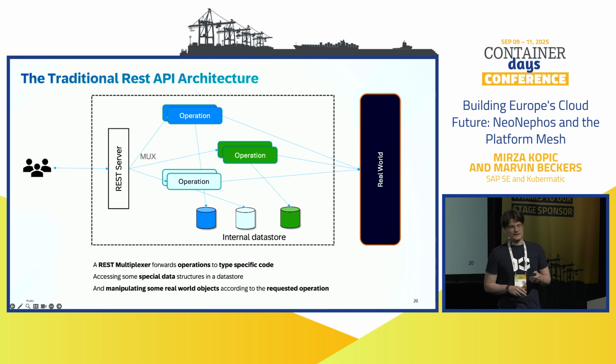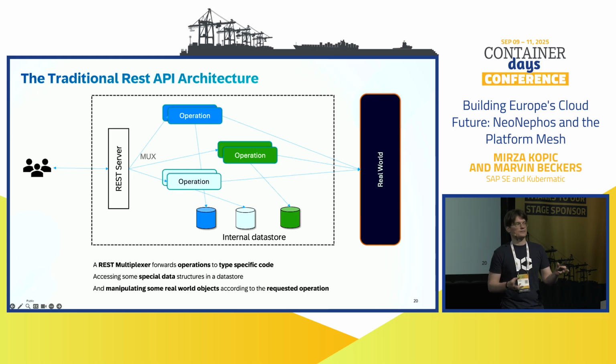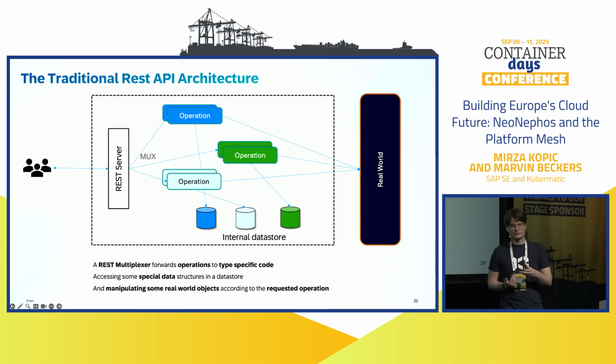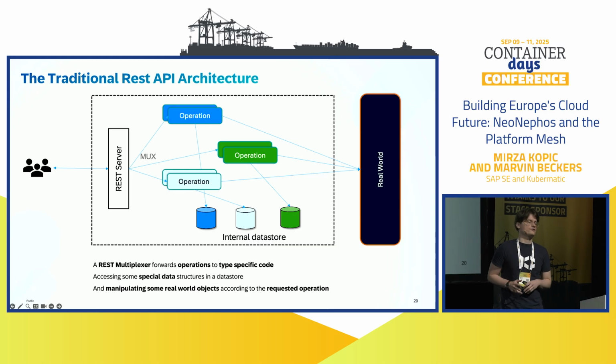Let's take a quick look at what the Kubernetes resource model actually is and what's the difference to a traditional REST API, because most service providers are exposing some kind of API, mostly REST, but a normal REST API is kind of a multiplexer. You have an API server in front.